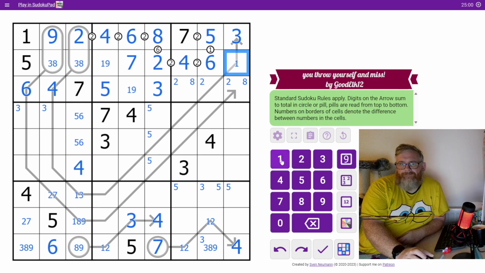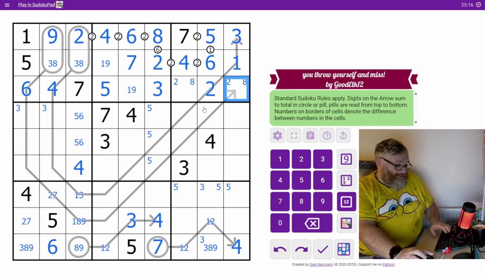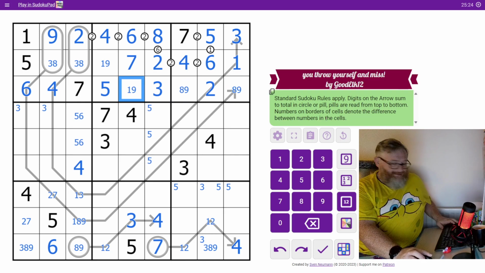So a 9 is more than 4 numbers. And what else could be in there? 1. Well, 1 can't be in there, or 9. Okay, so basically that is 2 because this has to be 8, 9. This has to be 8, 9. This has to be a 1.